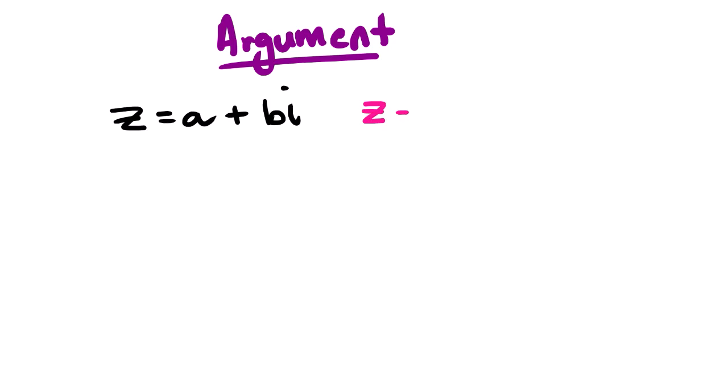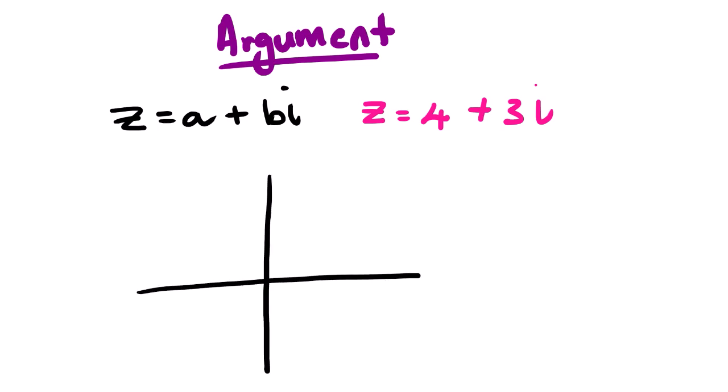Now let's take one of the previous examples from the modulus lesson video, and quickly represent it using a sketch. We have 4 and 3, so it's positive 4 and positive 3, which means it's in quadrant number 1.